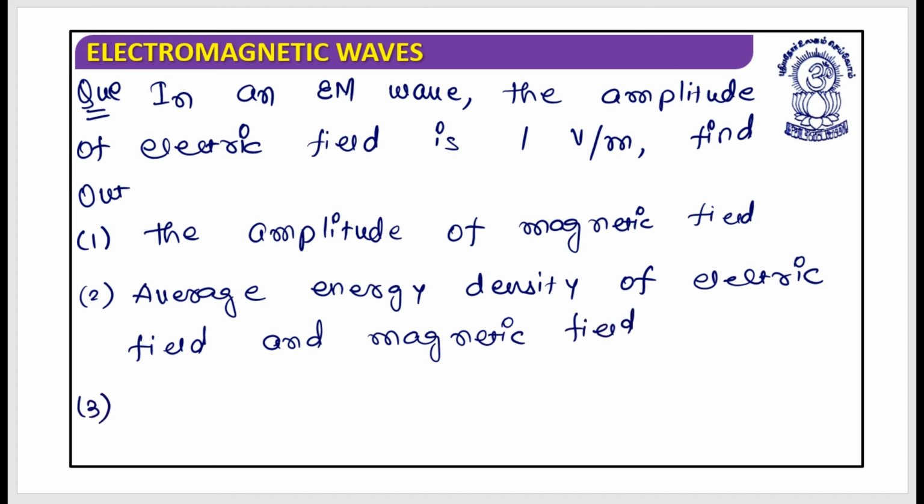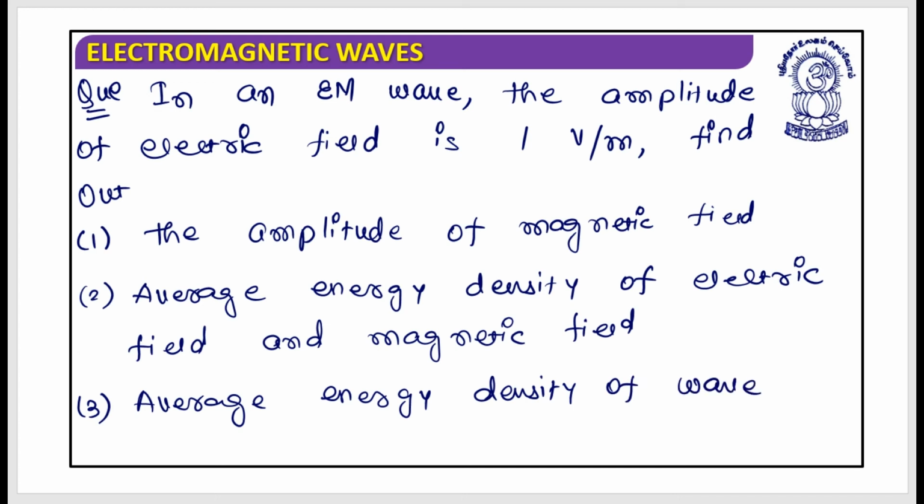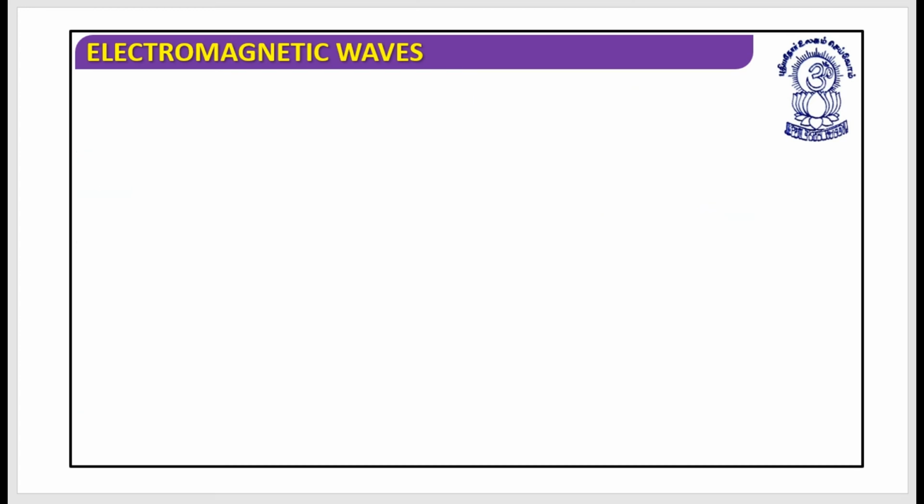Next, the average energy density of the wave. I hope this is clear. Is it clear up till now? Great. So let's do it. What I have been given is only the amplitude of the electric field vector. E naught has been given, which is equal to 1 volt per meter.